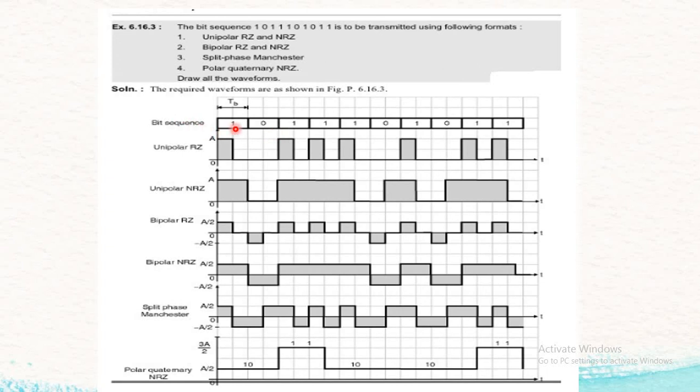The first group is 10, then 11, 10, 10, and 11, and for each bit group we assign the code word. 10 is represented by A/2. Next is 11, represented by 3A/2. Next is 10, which is A/2, then again 10, therefore A/2, and the last group is 11, represented by 3A/2.